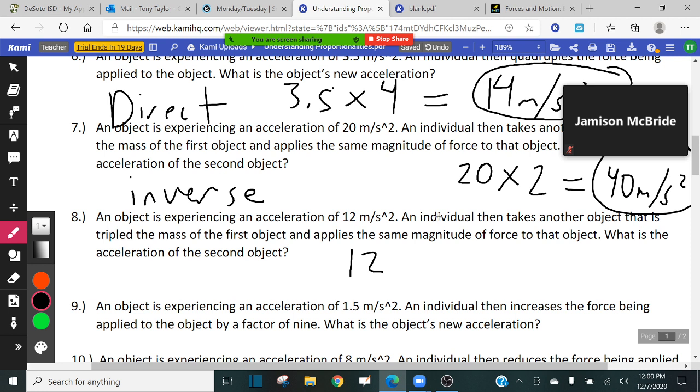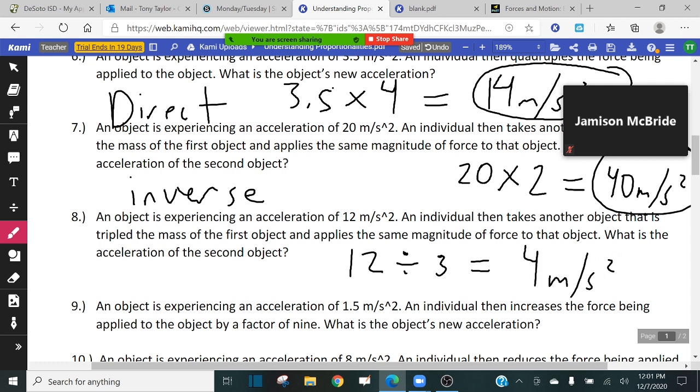We need to divide by 3, because if our mass increases by a factor of 3, our acceleration better decrease by a factor of 3. So 12 divided by 3 gives me 4 meters per second squared. That's the answer to number 8.